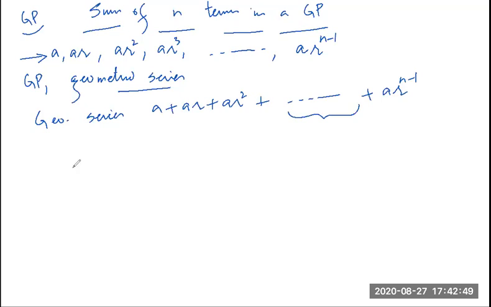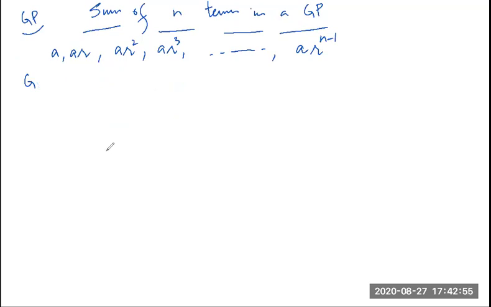So students, now we want to find out the sum of all these terms. How will we do it? It's very simple. Let us represent the sum of n terms of a GP by Sn, like we used to represent the sum of n terms in case of AP.